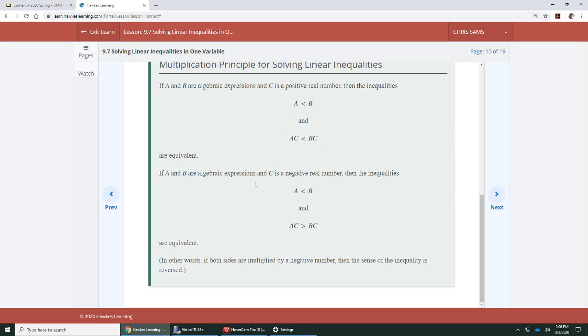And then down here it says if you multiply the expression by a negative number, then the inequality is going to get flipped. So as you see here, it's A less than B. If we multiply by negative, I think this wants to say then the sign of the inequality is reversed. I'm not sure if sense is correct, but I think it's the sign. So here's the inequality sign.